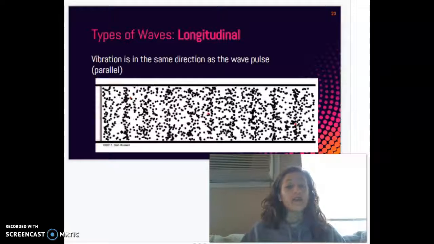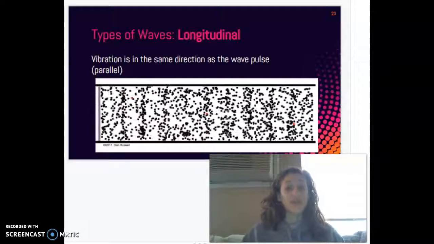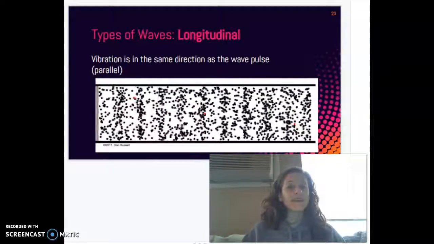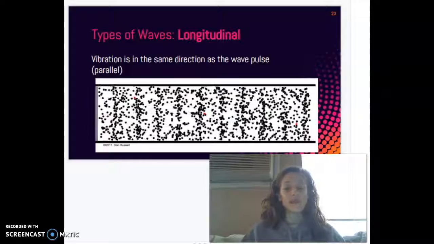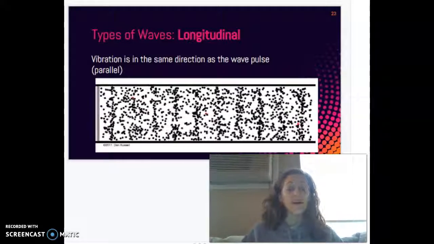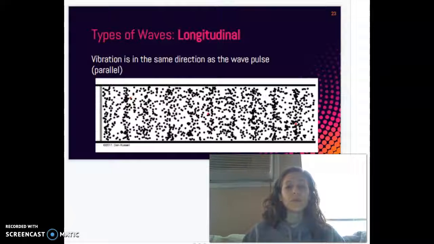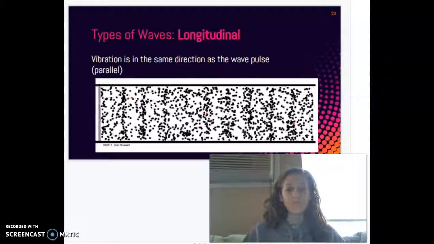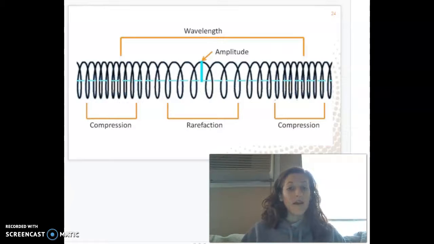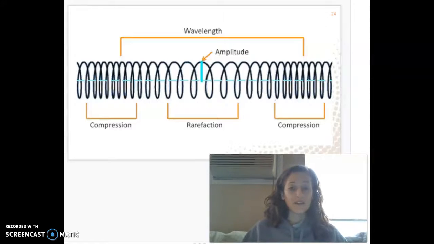Our other type of wave is the longitudinal wave. This is said to be a vibration that's in the same direction as the wave pulse. I like to think of the L's on either side of the word longitudinal as the symbol for parallel. Longitudinal waves are made up of what's called a compression and a rarefaction.